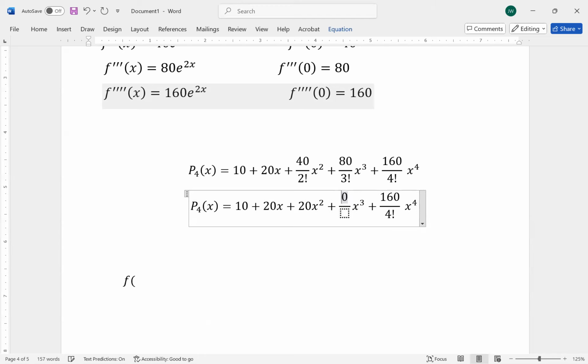That's how I'm going to write it. And then 160 over 4 factorial. Well, 160 divided by 24 gives me 6 2/3. But we can, again, make a fraction. So that's 20 over 3 if we simplify that.